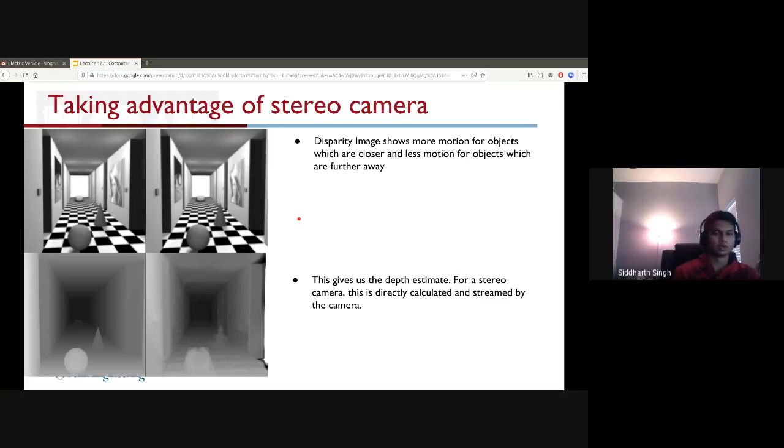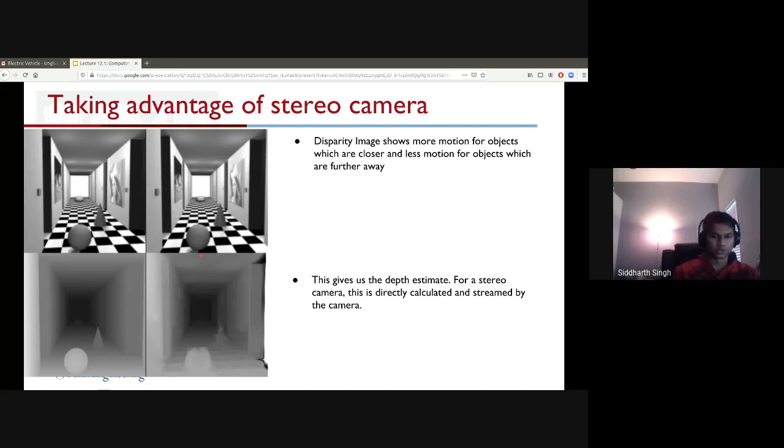So just looking at this picture, what you can see if you look closely, such as here, this white portion and this white portion, is that this white portion is big and this white portion is small, because these are two views of the same corridor from two different cameras, or two lenses of the same stereo camera.